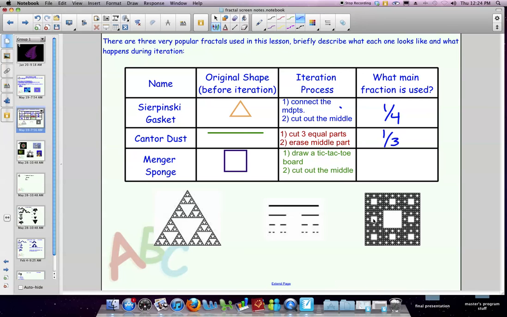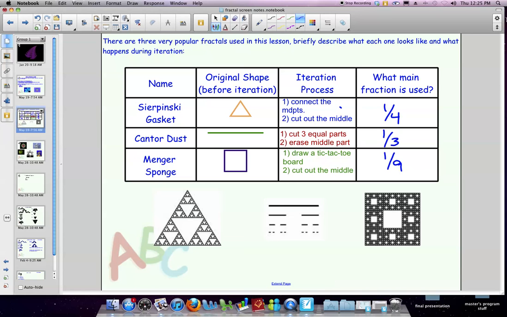So in each one of those, in the second iteration, you would draw a tic-tac-toe board on them and punch out the middle square. This represents a Menger sponge after 1 iteration, 2, 3, 4 iterations. This represents a Menger sponge after 4 iterations. As far as which fraction is used, we took the original square and split it up into 9 pieces, so the fraction that we used is 1/9.